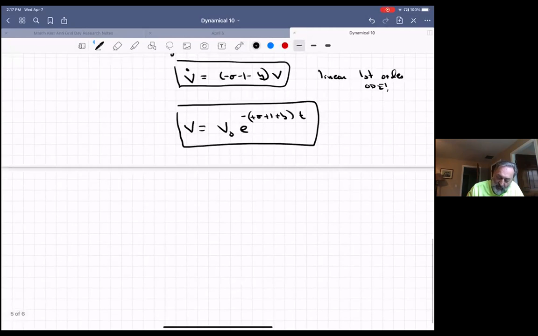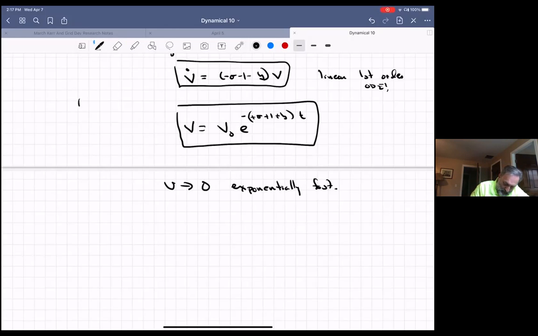And so I see that the volume goes to 0 exponentially fast. So whatever I start with, I end up with 0 volume in my flow.